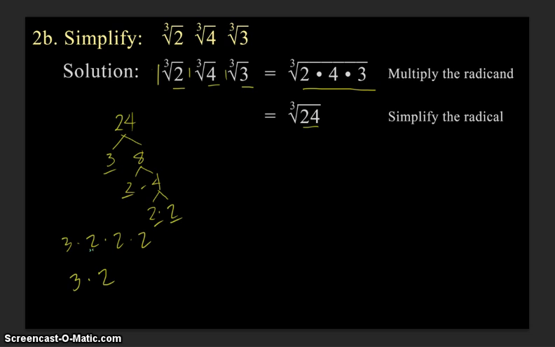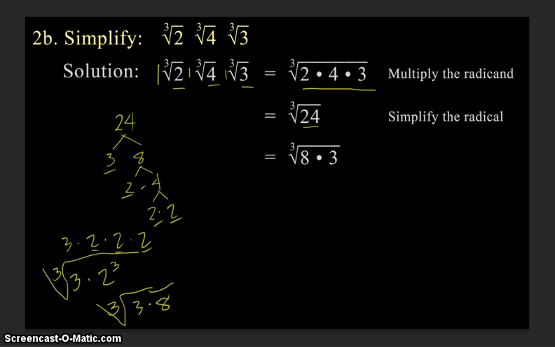Ilang 2 meron? 1, 2, 3. So 2 cube, at 2 raised to 3 pala. And then that is cube root of 3 times 2 times 2 times 2 is 8.